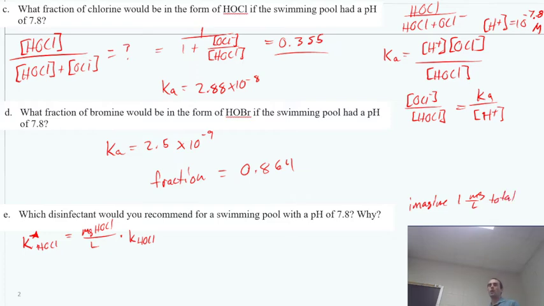So if you were to apply your disinfectant and you were going to afford 1 milligram per liter of that disinfectant, that's what I'm imagining here, right? Then we take a look at what fraction of that is the good stuff, the strong stuff, and go from there to see which one's actually going to be a better reaction rate constant for the entire equation.